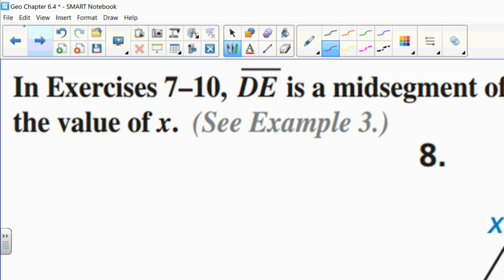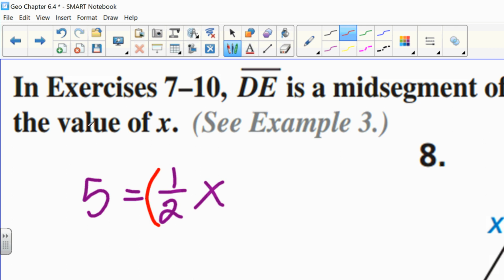So here, the way that we set up the last one, we would be saying that the midsegment 5 is equal to half of x, because the midsegment's equal to half of the third side, yes? Well, what would we do here to solve this? We need to get rid of the 1/2, yes? There's two ways we can do it. What is one of them? What can we do to both sides? Or what could we do instead of dividing by 1/2?